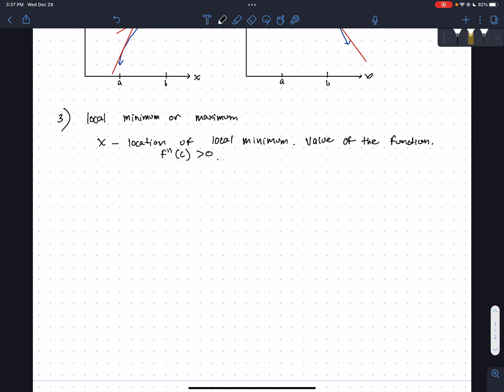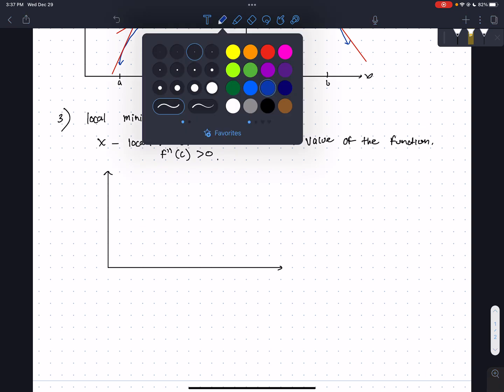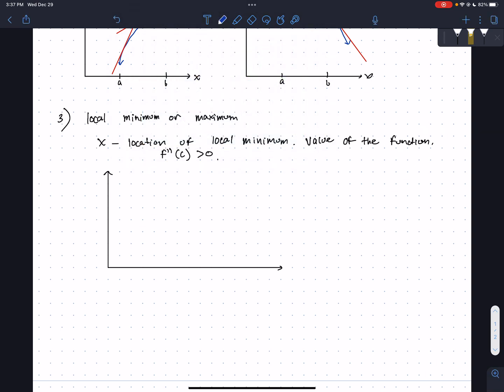Okay, so what that means is, let's say our derivative is 0, and it's a local minimum or maximum, and we don't know which one of the two it is, right? Because when you take the tangent of a function and it's 0, you don't know if it's a minimum or maximum. So this is another way to determine if it's a minimum or maximum. You take the double derivative and see if it's positive or not. If it's positive, we know we have a minimum.